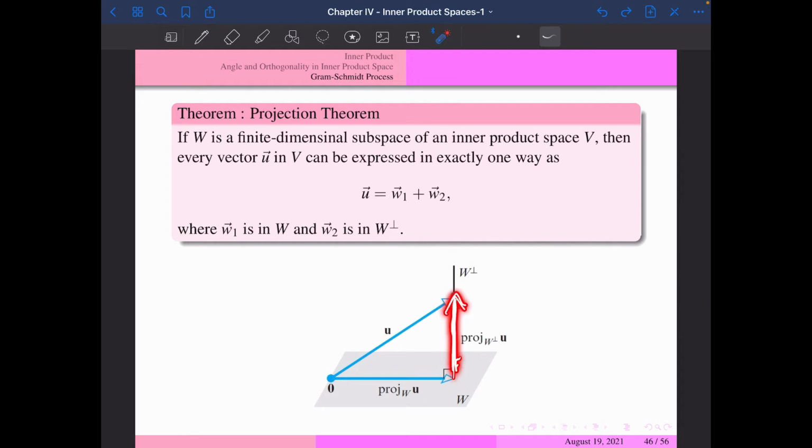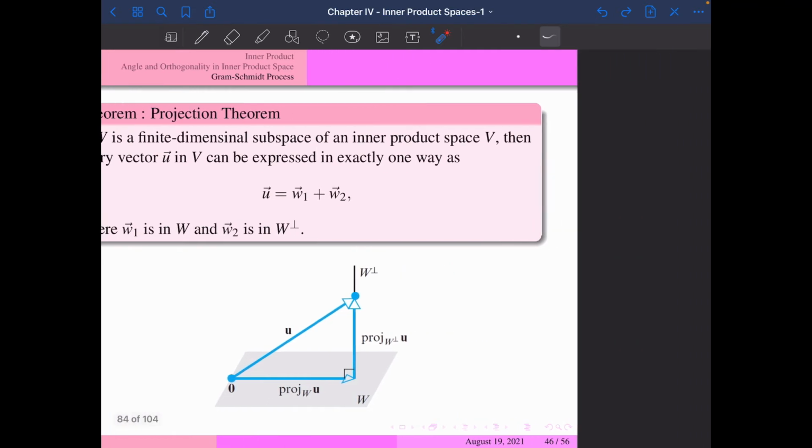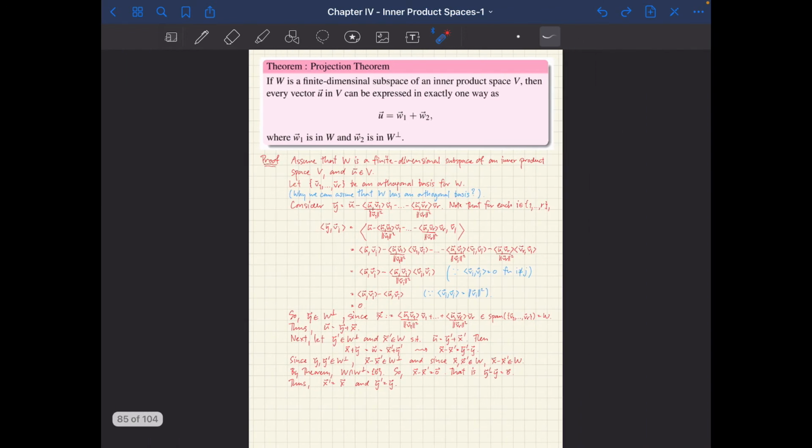The proof of this theorem is quite tedious, but I will discuss the proof briefly.